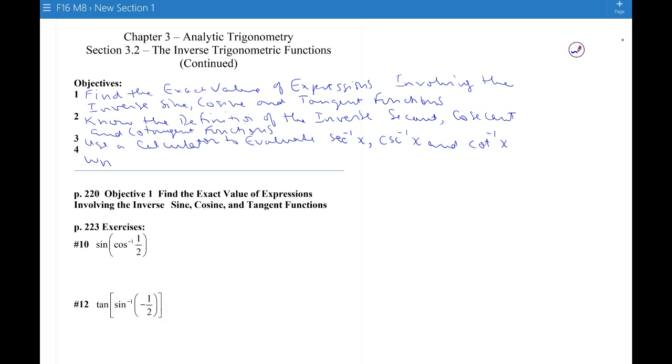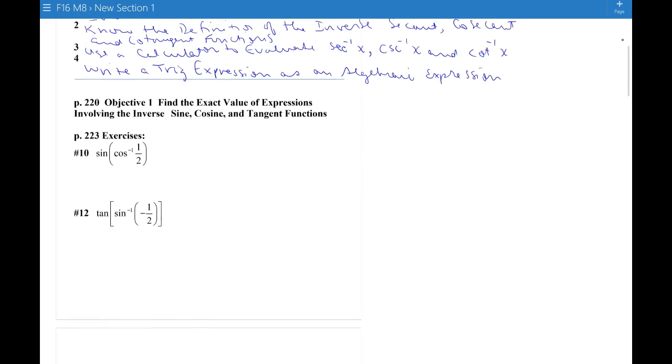And then the last objective is to write a trig expression. So expression, notice there's no equals yet. We're not working on equations yet. Write a trig expression as an algebraic expression. So we're working our way towards solving trig equations. That's really the most important thing we're going to do in this chapter.